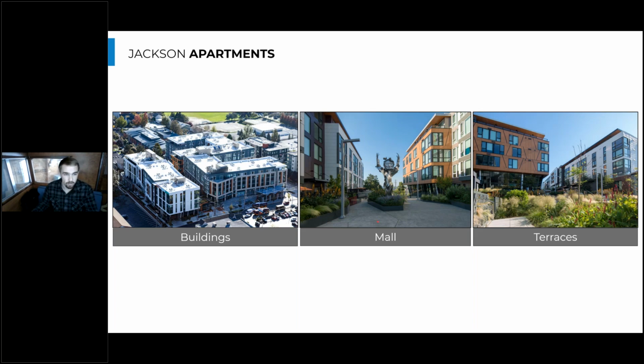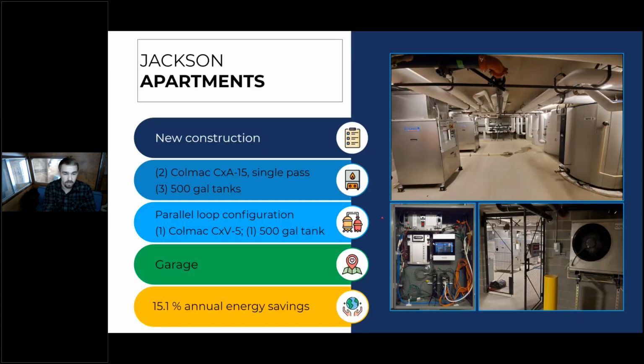So with market rate apartments, even though this is a heat pump water heater system with the new technology, it's not acceptable to have days of cold water or anything like that. They need to have all the amenities, plus some, that they would expect with a more conventional system.